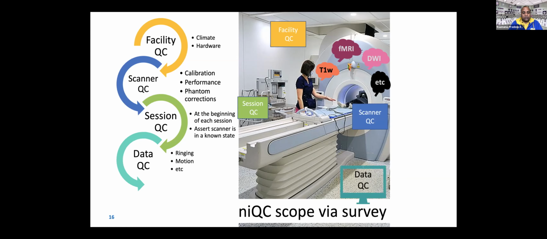Then there's actual data QC, which is probably what most people are familiar with, like I mentioned before, to make sure that images don't have artifacts that make them unusable, such as ringing, motion, and other physiological artifacts, right?